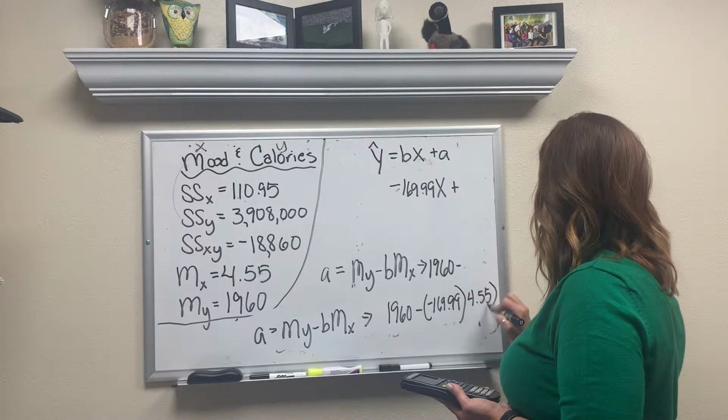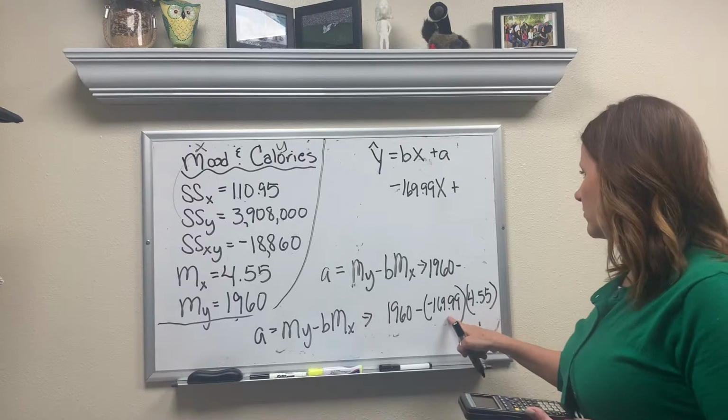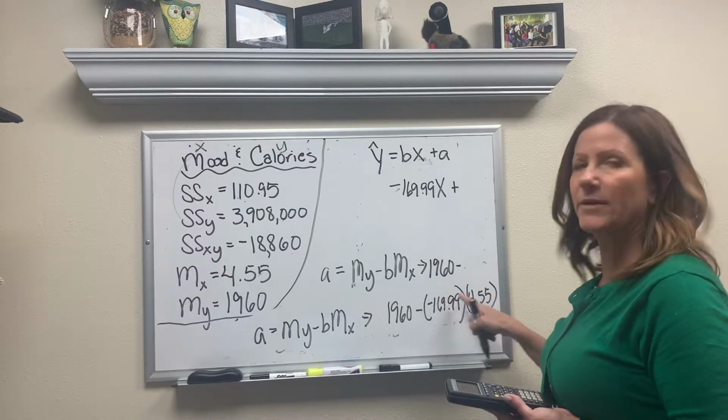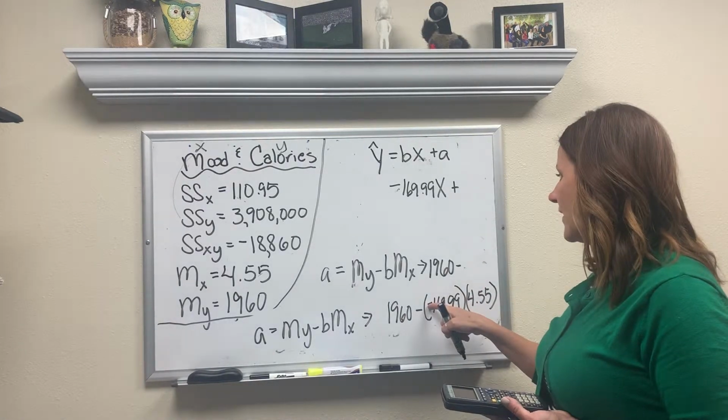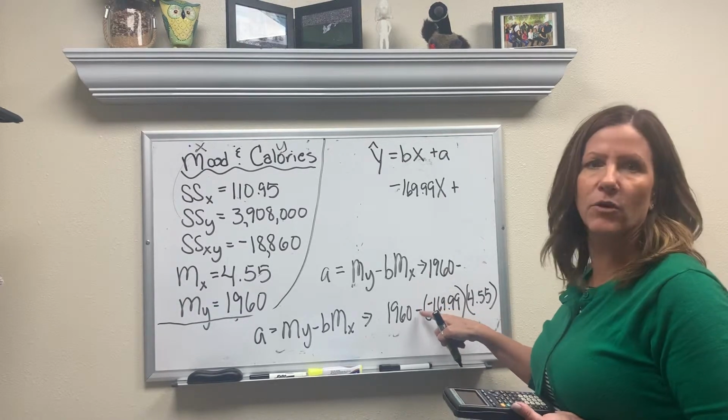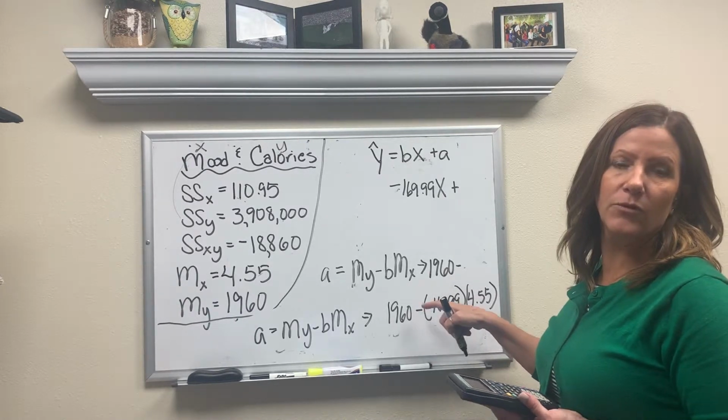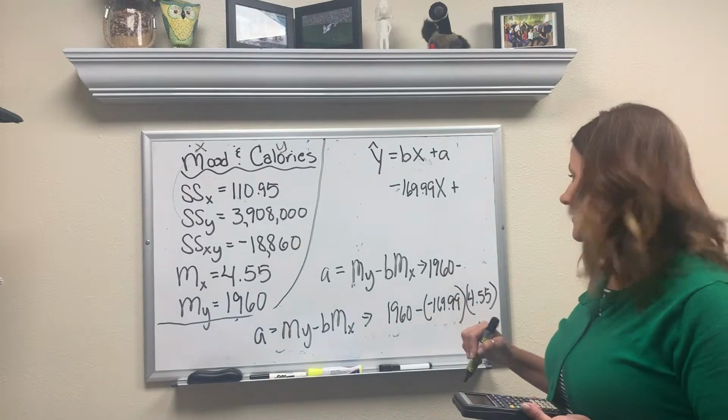Okay, so when we multiply these together, that answer becomes a negative. And when you have a negative and then a negative, it becomes a positive.